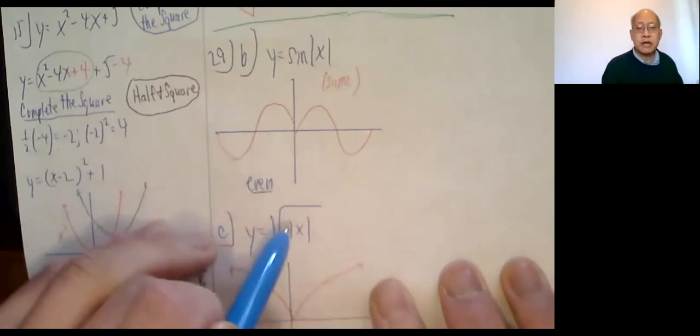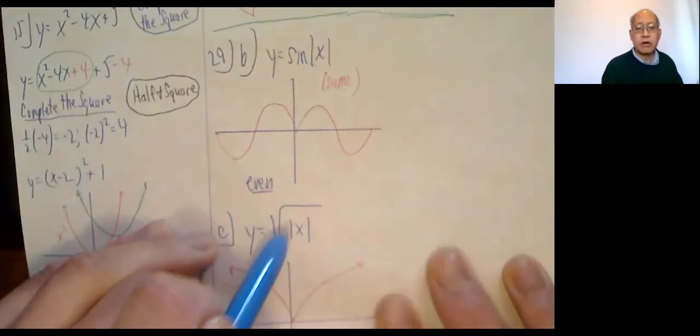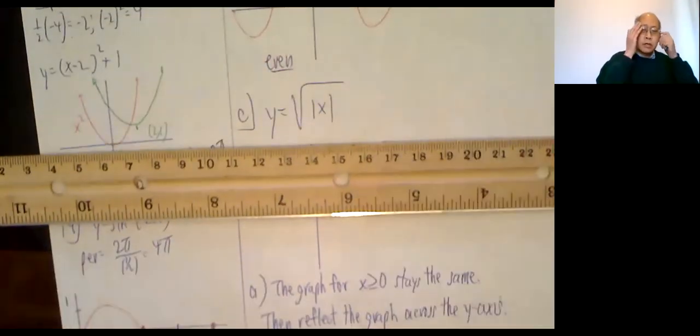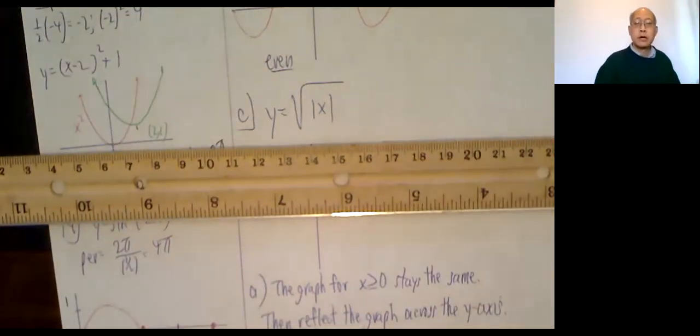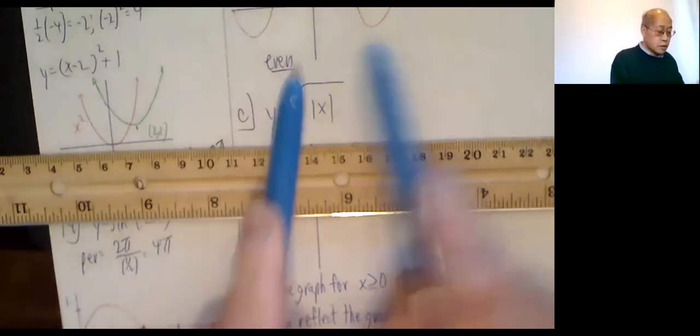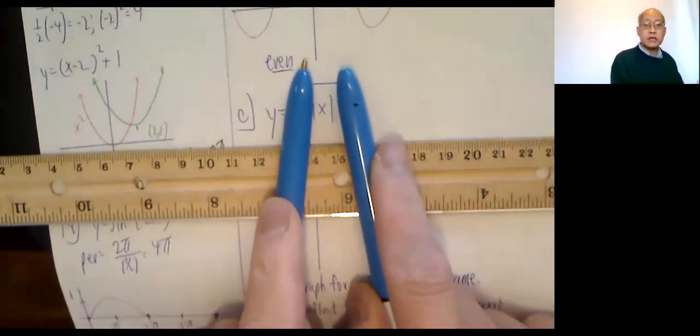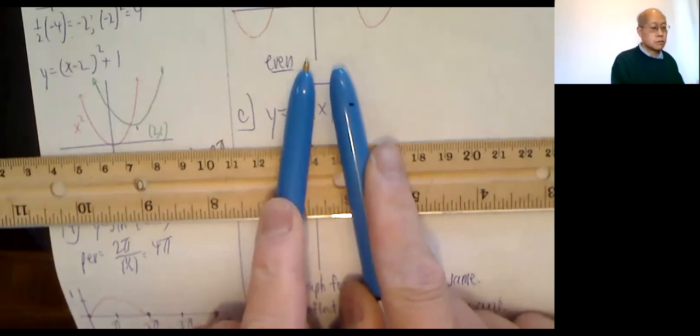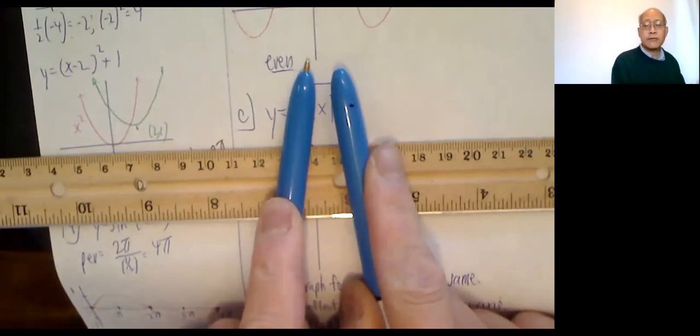Now, we apply the same principle for y equals square root of absolute value of x. I've already shown you the picture, but pretend you don't see the answer. Okay. Maybe I'll start off with this. If I only have square root of x, what's the domain? I'm only allowed to take the square root of what kind of numbers?